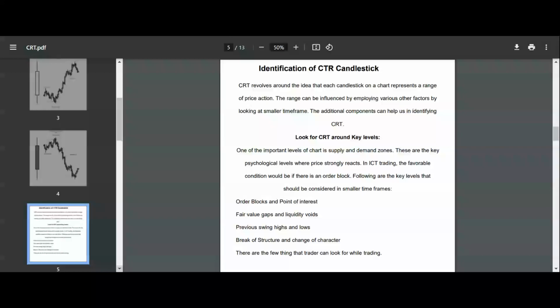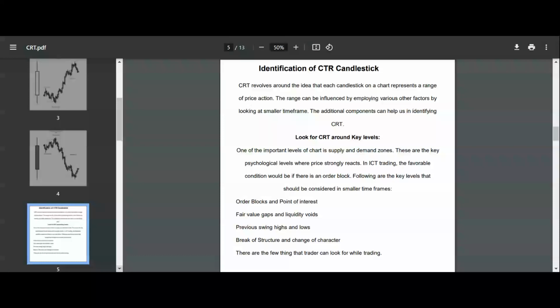And as ICT traders, we know that support and resistance in the market are points that we look at: order blocks, fair value gaps, liquidity voids, previous swing highs and lows, break of structure or change of character, also known as breaker blocks, and a few other things that we look at.